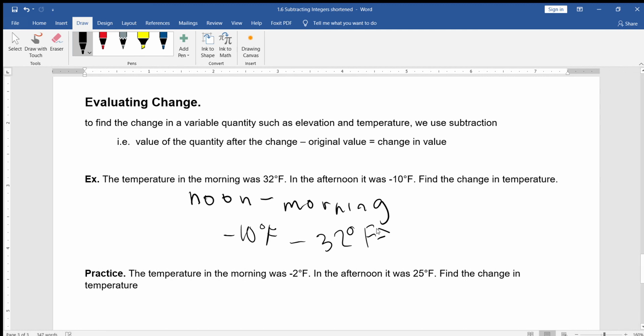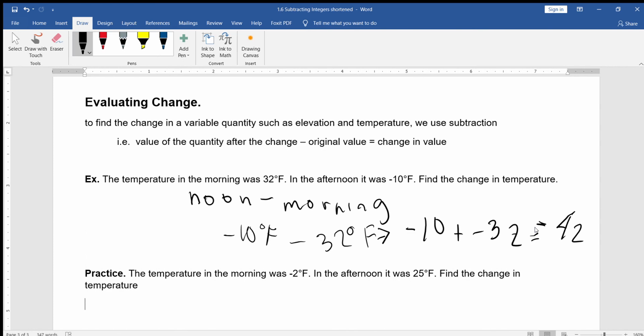Again, just change it to an addition problem. And that should give you, what do we do when we have same signs? We're going to add. 10 plus 32 should give you guys 42. And what is the sign of 42? Negative 42.